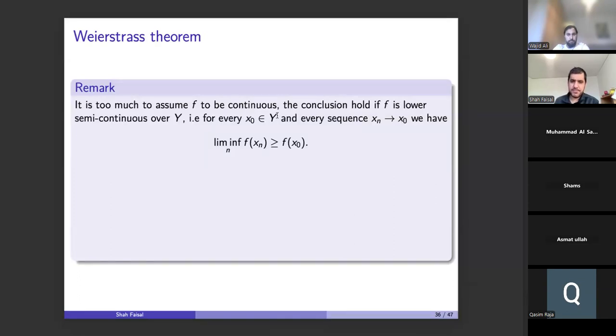So for example, lower semi-continuity is defined as follows. If you take a point in the metric space and take a sequence converging to that point, then the limit infimum of the function along the sequence will be at least the value of the function at that point. So that is basically saying that the function doesn't jump if you go from left to the point x naught. Okay.